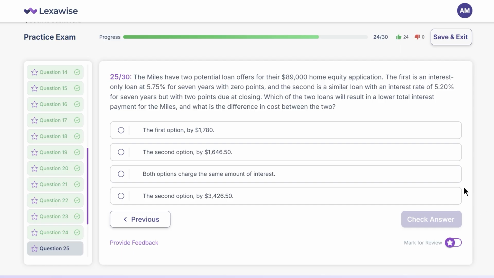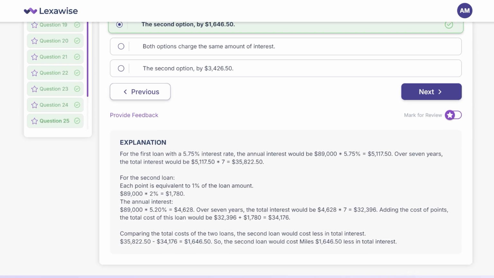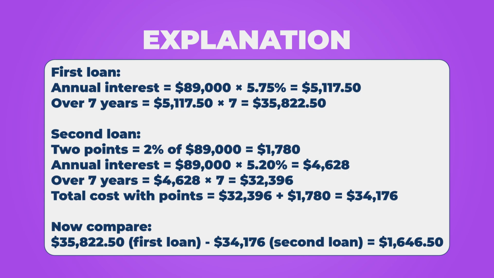The correct answer is B, the second option, by $1,646.50. Here's how we get that. First loan, annual interest equals $89,000 times 5.75% equals $5,117.50. Over 7 years, $5,117.50 times 7 equals $35,822.50.